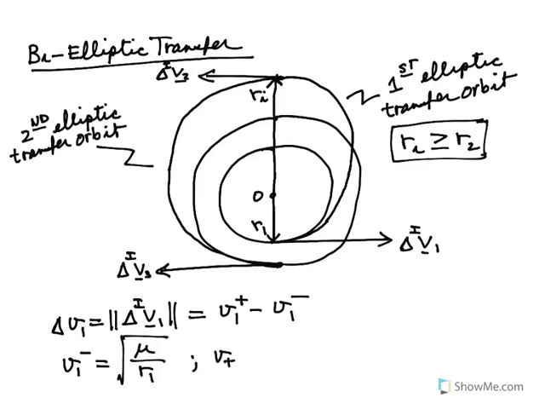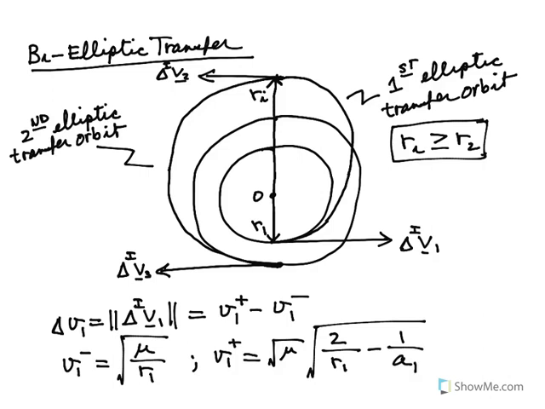V1 plus, given the fact that the intermediate apoapsis here is r sub I, is equal to the square root of mu times the square root of 2 over r1 minus 1 over a1. Well, what is a1?